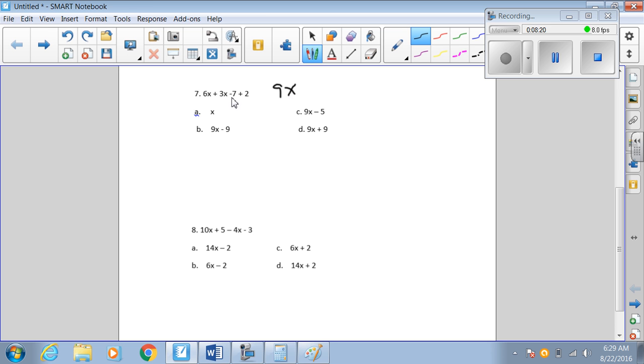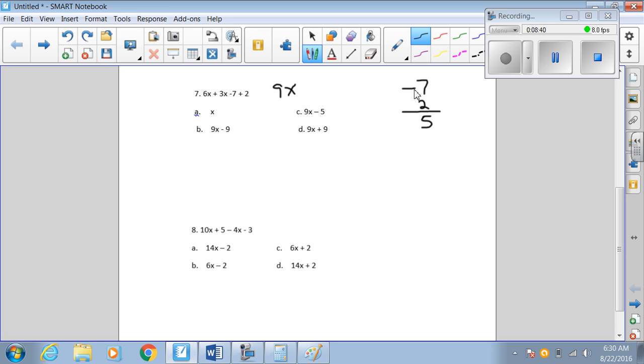Now it says minus 7 plus 2. We could take that separately, and we have negative 7 and a 2. There's a difference there because one is positive and one is negative, so we subtract. Since we subtract, we get 5.